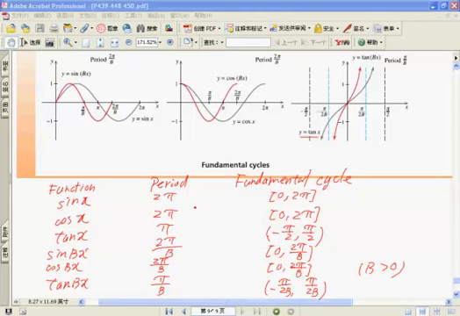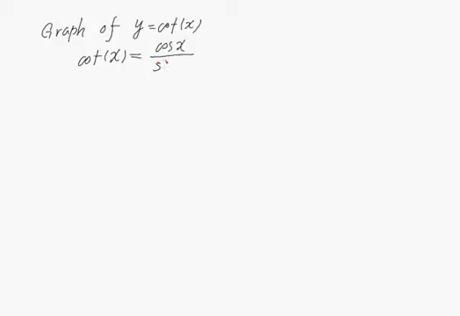Now let's continue with the graph of y equals cotangent x. Let's first determine the vertical asymptotes for cotangent x. We know cotangent x is equal to cosine x over sine x.